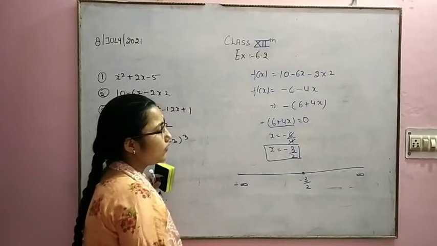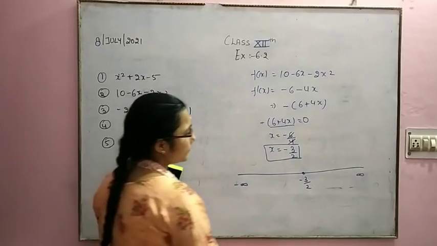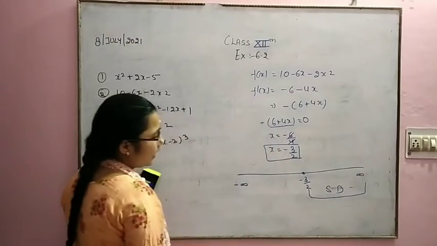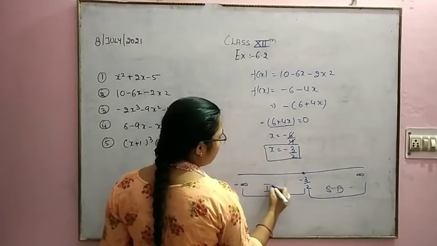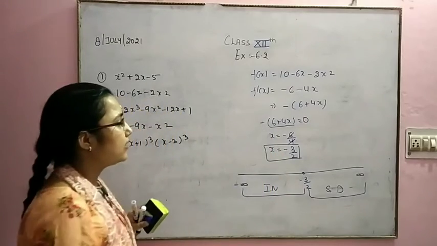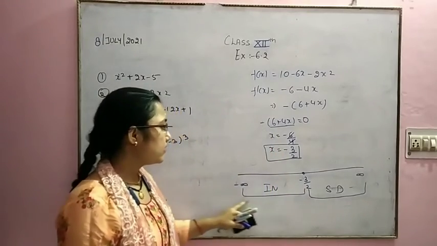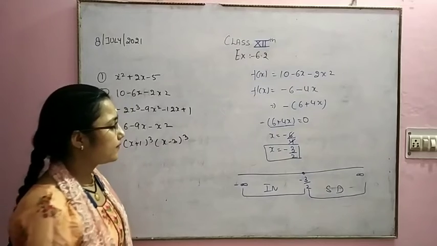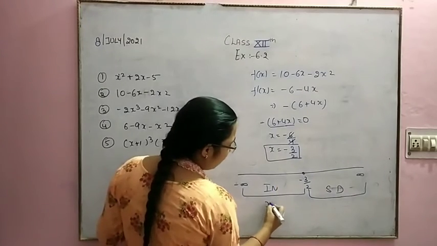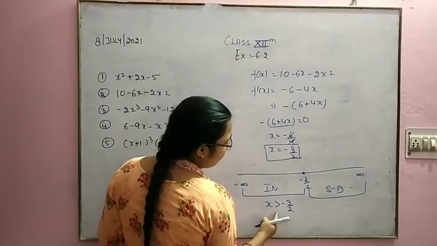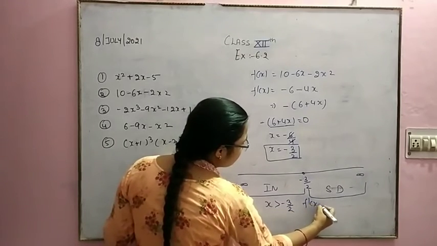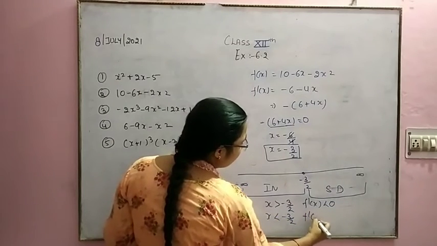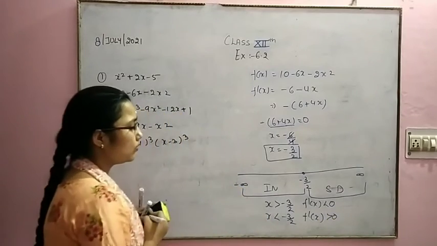Overall we get negative values because one negative sign is already there. So for all x greater than minus 3 by 2, f dash x is less than 0, which is strictly decreasing. For all x less than minus 3 by 2, f dash x is greater than 0, which is strictly increasing.